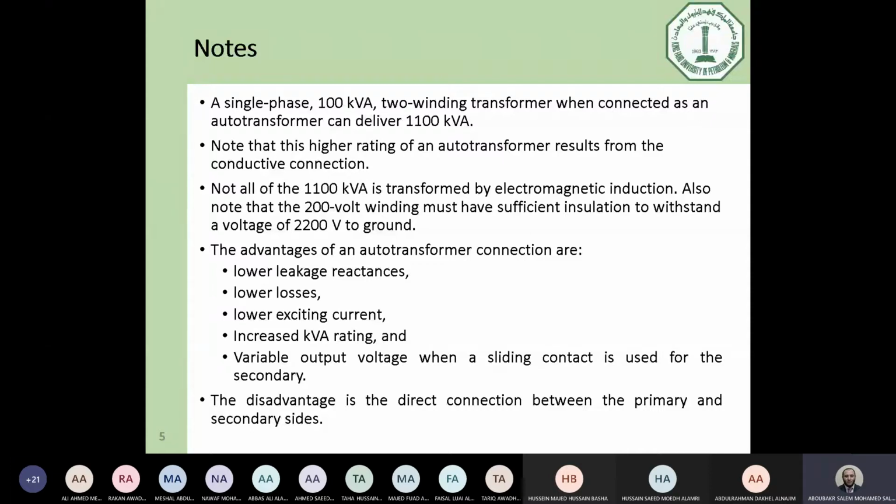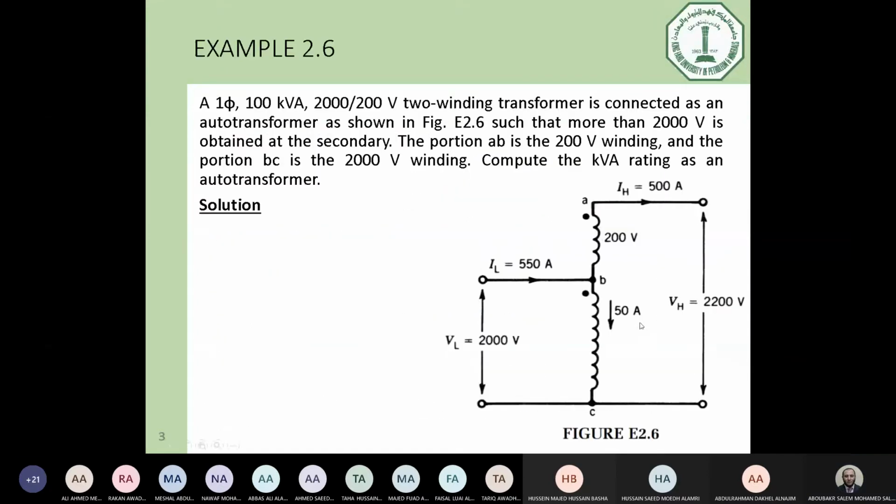Why did this happen? When the two coils were not physically connected, the rated apparent power that can be delivered is only 100 kilovolt ampere, because the magnetic core can transfer the current due to primary, which is 50, to secondary, which is 500. So the power transferred by the magnetic core is only the 100 kVA.